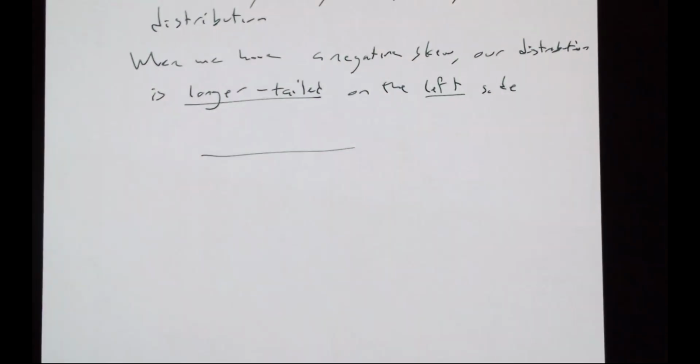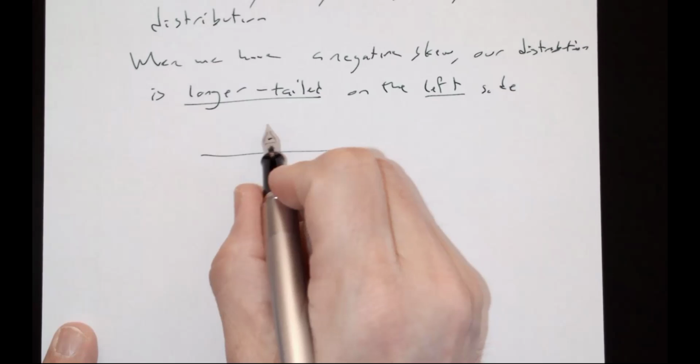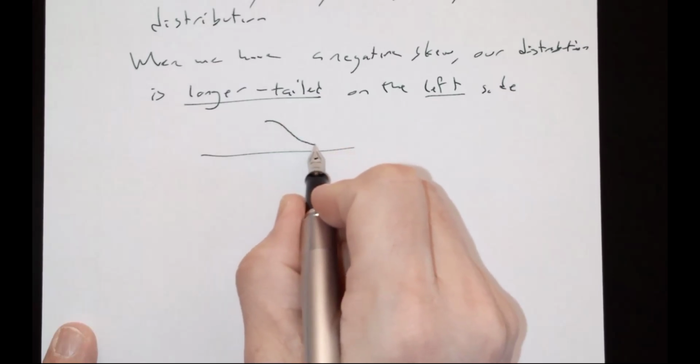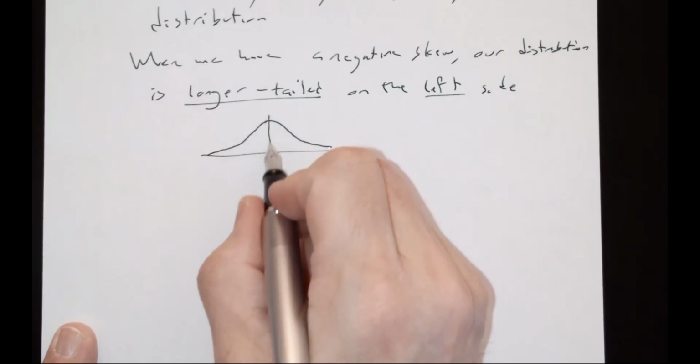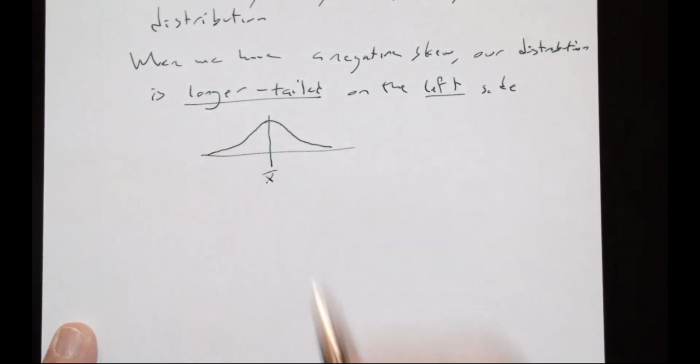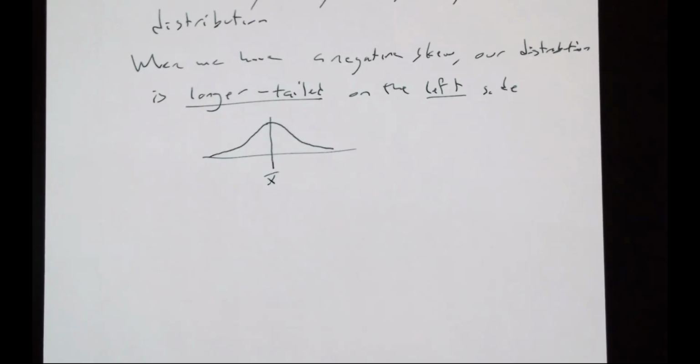I tend to draw curves more than I draw histograms. So I think of a roughly symmetric picture with its average in the middle as having a skew near zero.